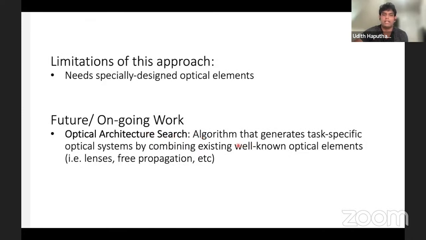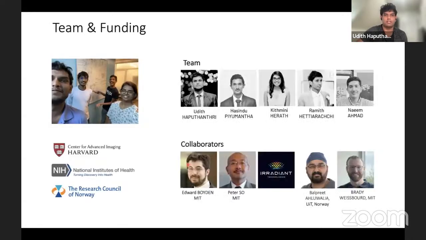So the idea is to come up with an optimizer that can combine different optical elements to create a microscope. That will not include any specially designed optical elements. Rather, it includes lenses, free propagation, and well-known things. And this is our team. That's it.